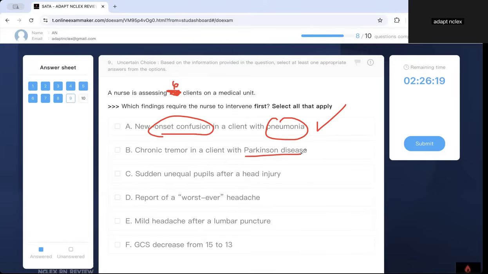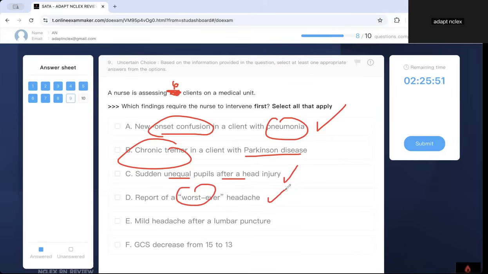Parkinson's disease patient: I should want them to tremor. They have a chronic tremor. Don't worry about it. Unequal pupils: when your pupils are not equal, something is wrong. We have to do something about it. The headache can happen, but if it's the worst ever, that's subarachnoid hemorrhage, a buzzword for that.